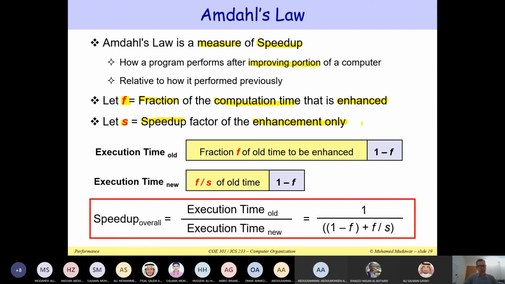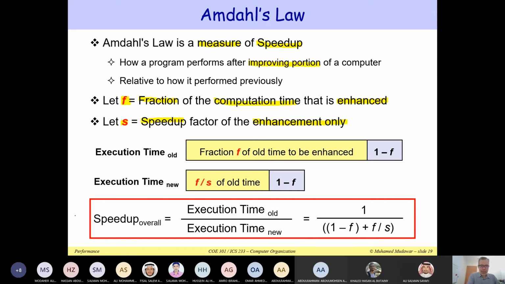Right. So suppose that we look at the old execution time and then the new execution time. Suppose the old execution time is just 1. That will be 100% of the total execution time. For simplicity, let me use my pen tool.